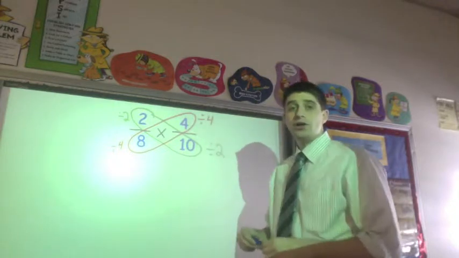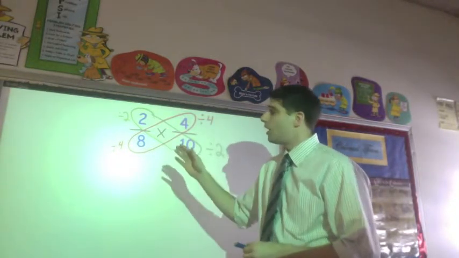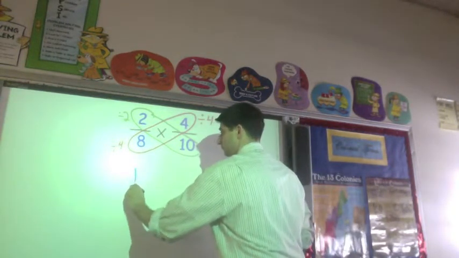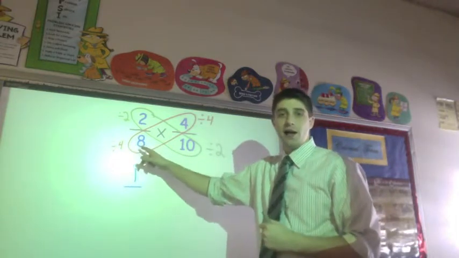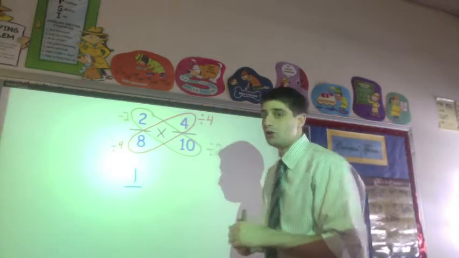So now I'm going to take a look at my first number here, my numerator, 2. 2 divided by 2, yep, that is 1. I take a look at my denominator. 8 divided by 4, and if you said 2, you're right.